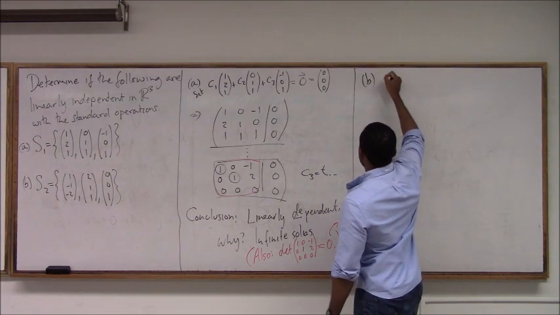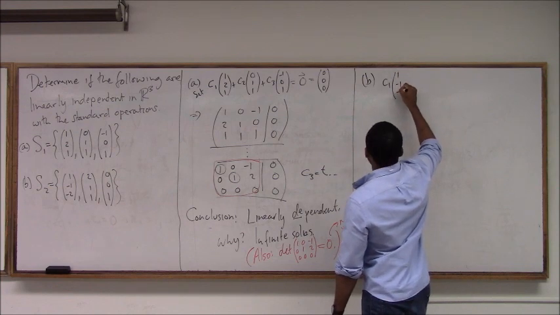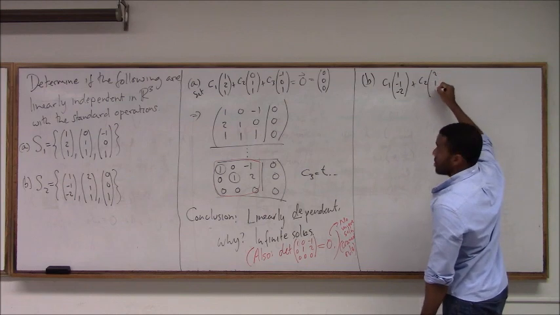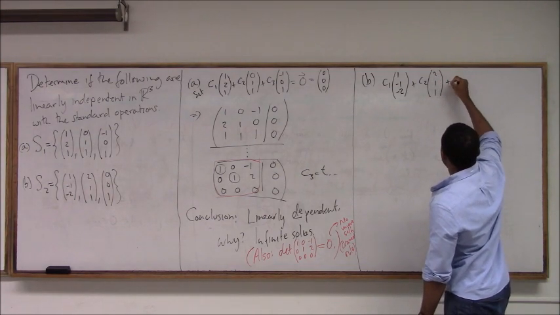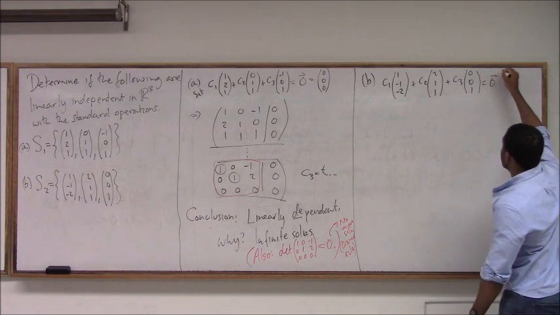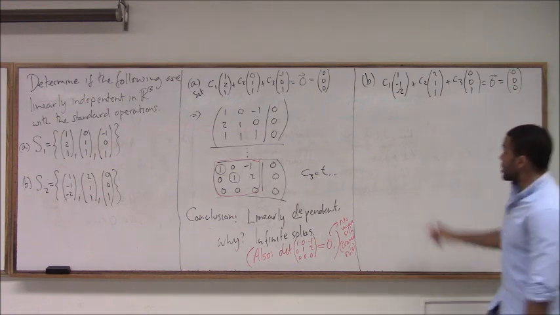In B, you do a similar thing, C1 times the first vector plus C2 times the second vector plus C3 times the third vector. Set that equal to the 0 vector in R3, which happens to be the vector of all zeros.